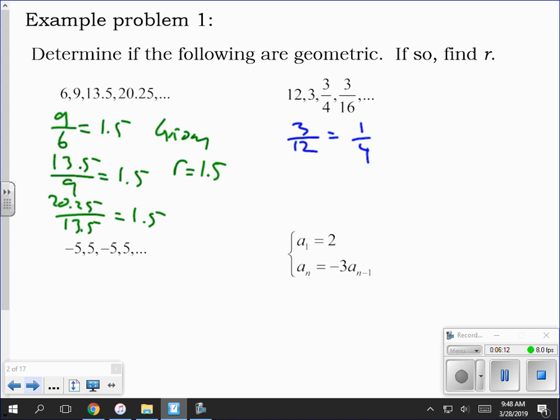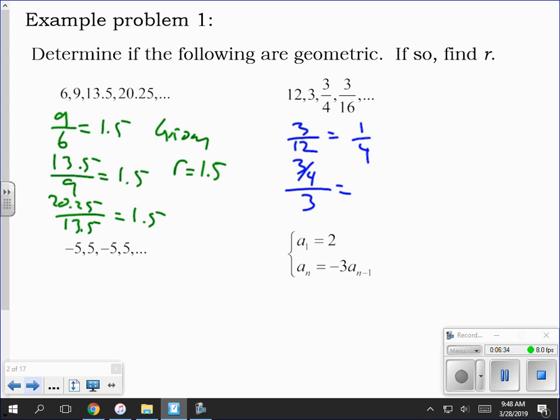Now, if I take 3/4 and divide that by 3, do that on the calculator using your fraction key. Type in, hit 3, fraction button 4, and then divide that by 3. And what do you get? You get the fraction 1/4.